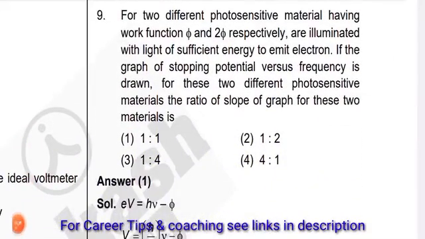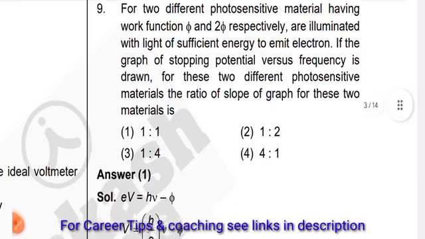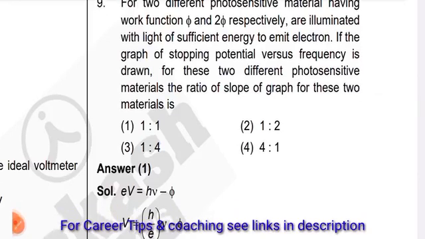And for two different photosensitive materials having work functions, so there are two work functions, it comes under the photoelectric effect. If the graph of the stopping potential versus the frequency is drawn for these two different photosensitive materials, the ratio of the slope of the graphs for these two materials is asked.